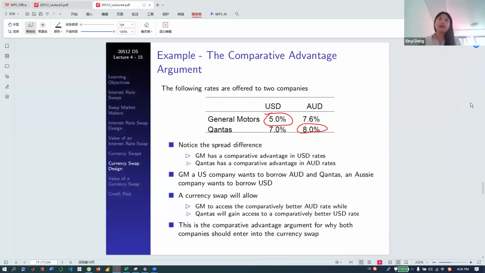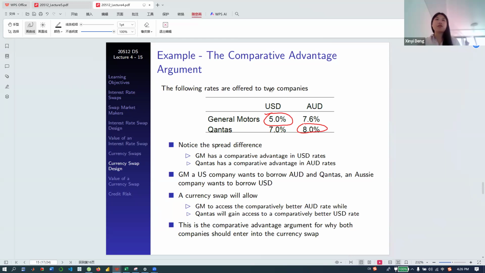Now let's take a look at an example to get a sense of the comparative advantage argument. Recall that when we discussed the interest rate swaps, the comparative advantage argument basically says that even if one party has an absolute advantage, meaning that they can borrow more cheaply in both markets, now actually in both currencies, they may still have a comparative advantage in one currency over the other.